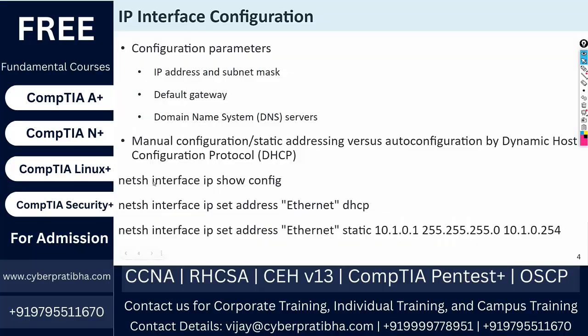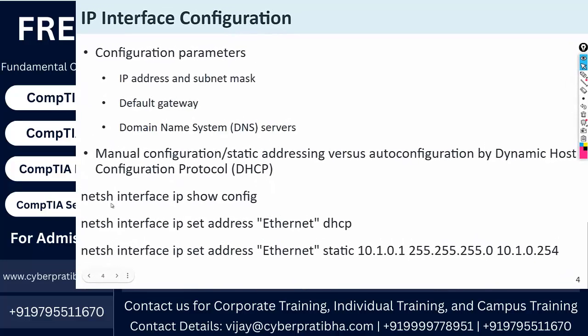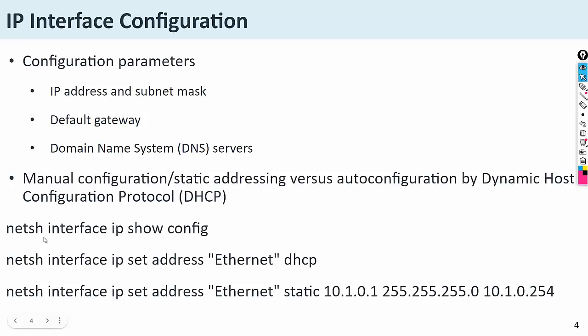But of course you can check the information related to the DNS. I will show you. Right now here is another command, netsh. The netsh command is used for checking the IP address. The command is netsh interface ip show config. If you want to set the IP address to be obtained from the DHCP server, then you will have to give the ip set address command. Ethernet is actually the name of the interface: Ethernet 1, Ethernet 2 and Ethernet 4.